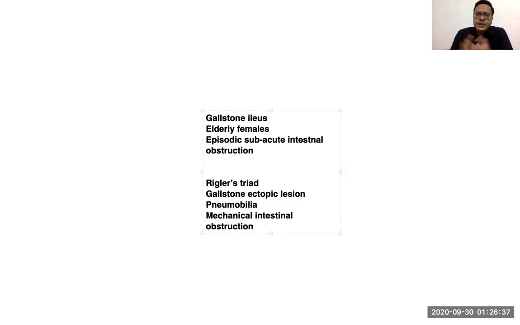Now, the context you need to understand is that gallstone ileus, in a nutshell, is more or less a condition of females, elderly females. Why? Because you know that females in their fertile 40s usually develop gallstones. The gallstones become big, they create a fistula, and after 10, 20 years, typically all these things happen inside the body of that lady.